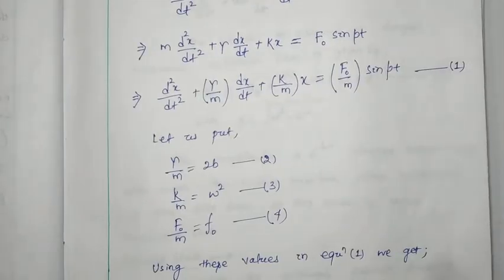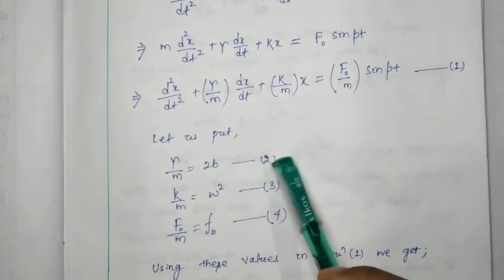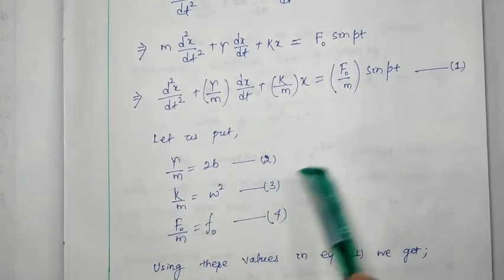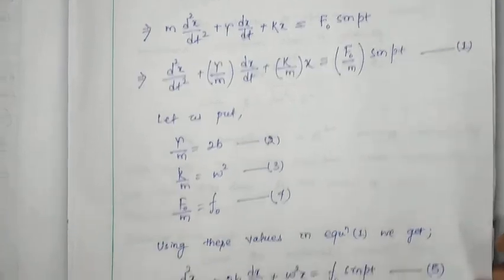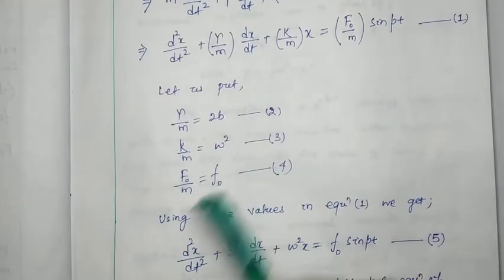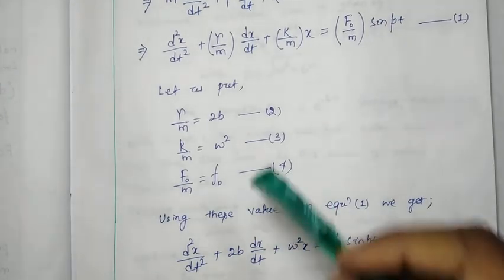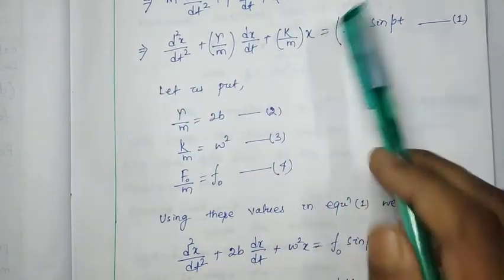Now we put gamma by m equal to 2b, equation 2; k by m equal to omega square, equation 3; and F0 by m equal to small f0, equation 4.